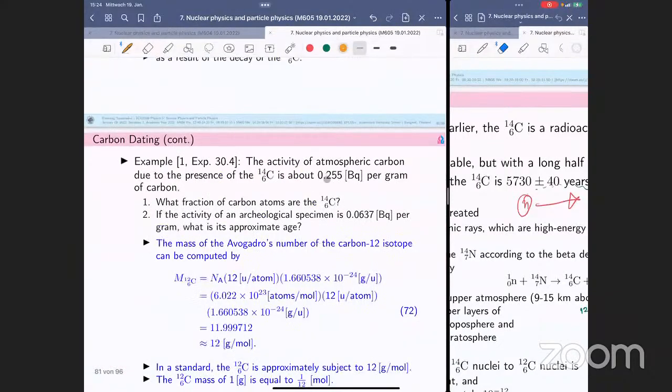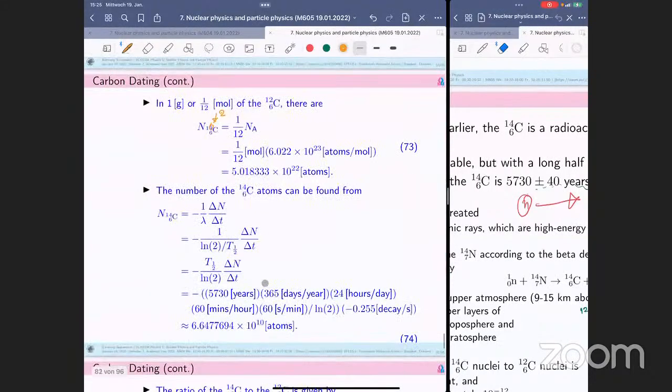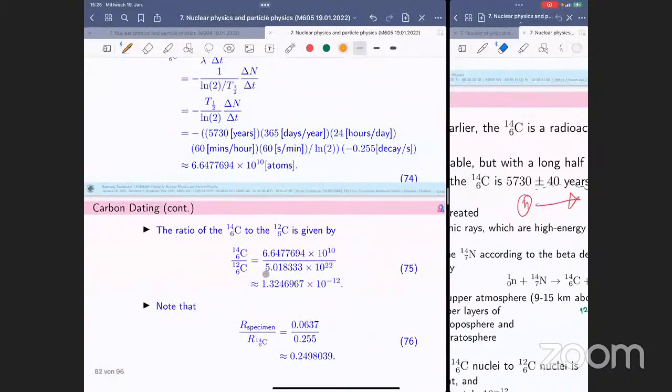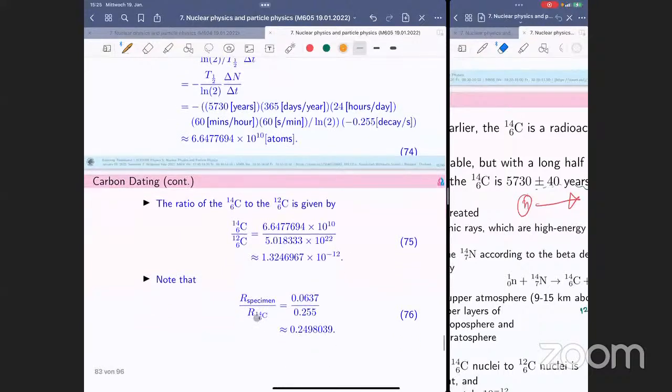Rate of carbon 14 is this one. Rate of any object is this one. Any piece of interesting object, you just take the ratio, and it's going to be 0.249 or 0.25. Okay, 1 by 4.